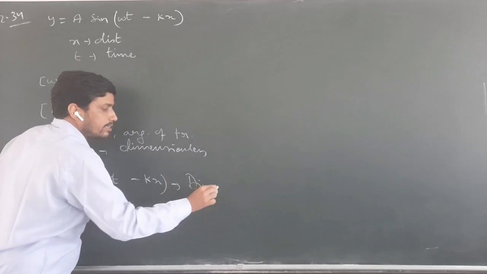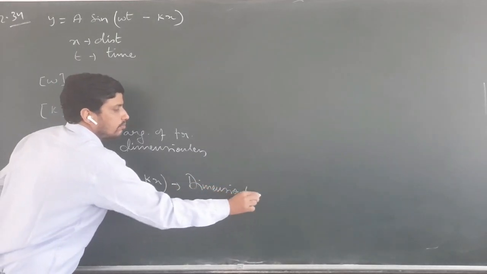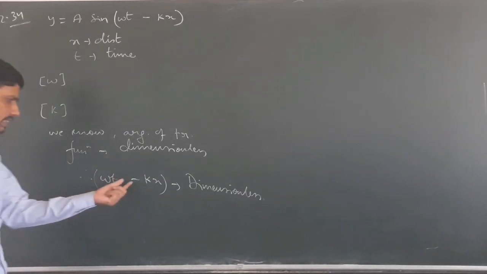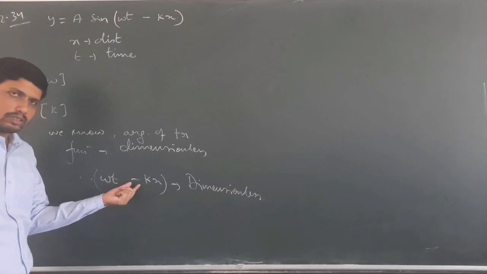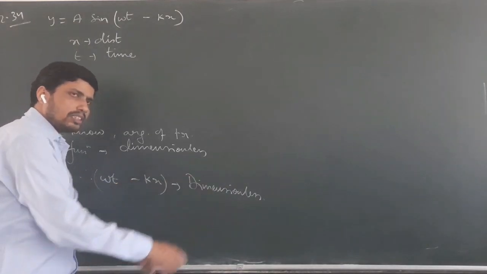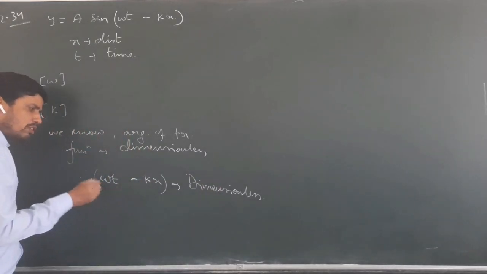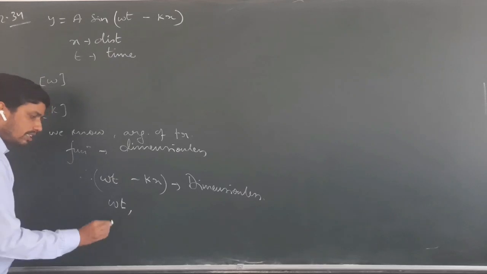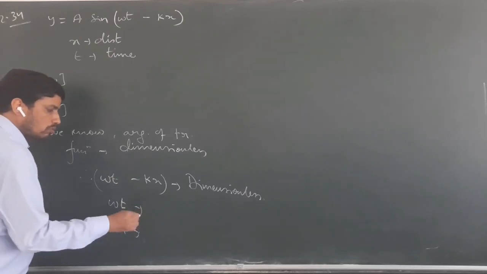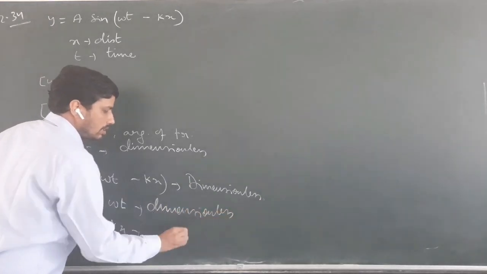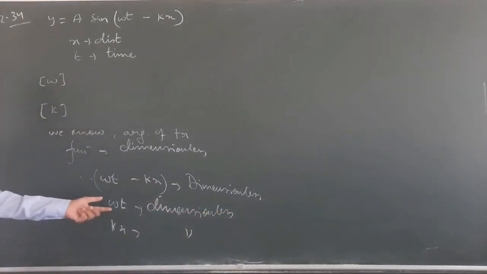It is dimensionless. Okay, so that was the hint to this particular question. If this quantity is dimensionless, and there is a minus between two quantities, then the individual quantities must also be dimensionless. So omega t should be dimensionless and kx should also be dimensionless. Now easily you'll get the answer.